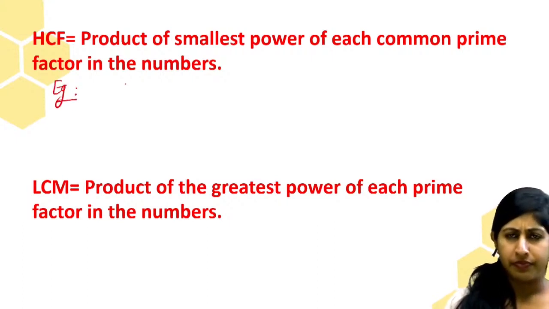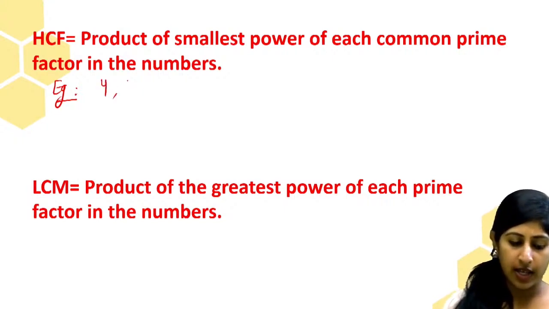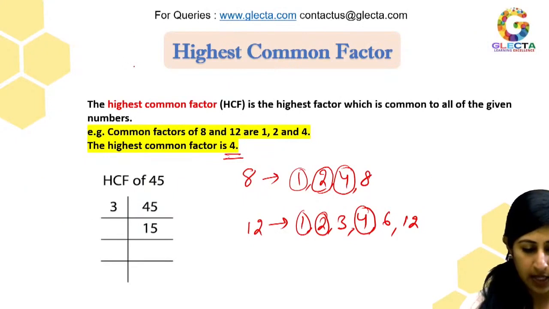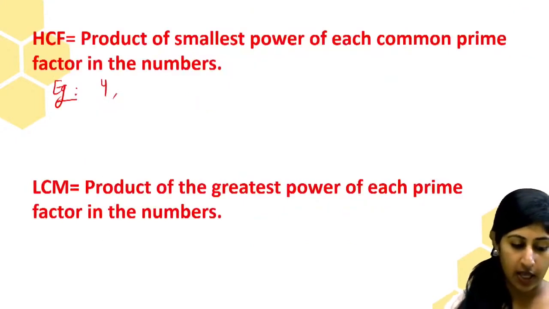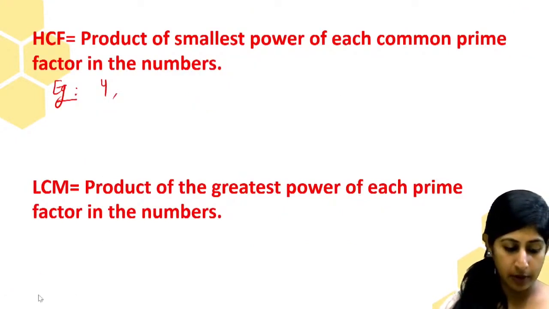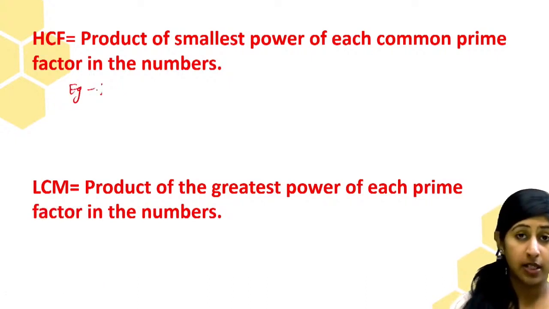For example, let us pick the example that we just took. In our previous slide we took an example of 8 and 12. So let us take the same example. I'm gonna explain it with the help of this example, and then I'm gonna take large numbers and find their HCF.